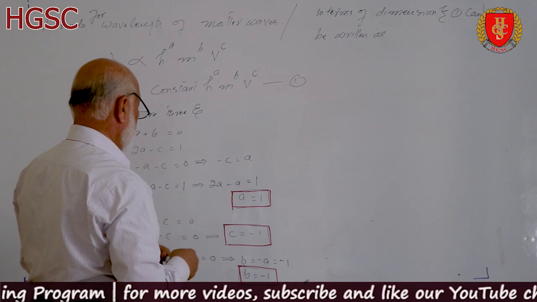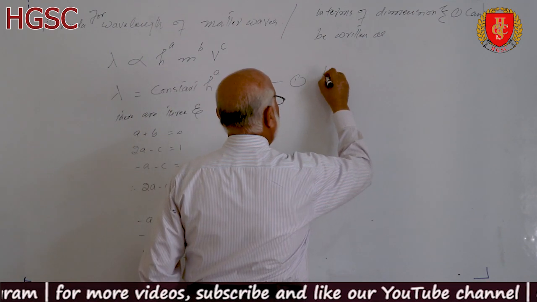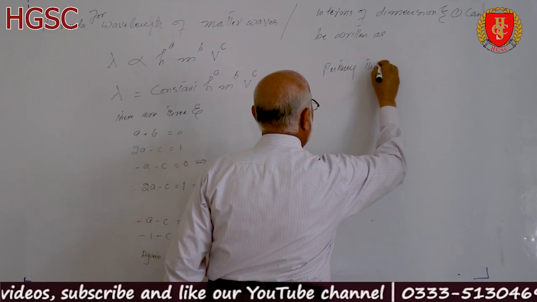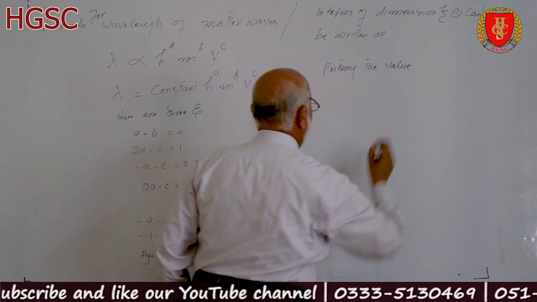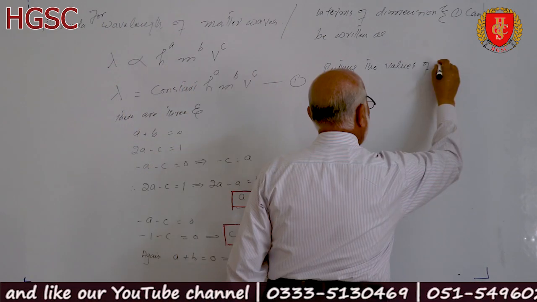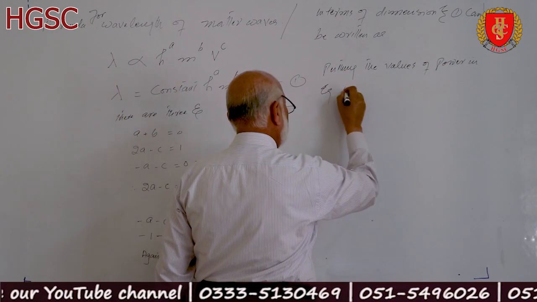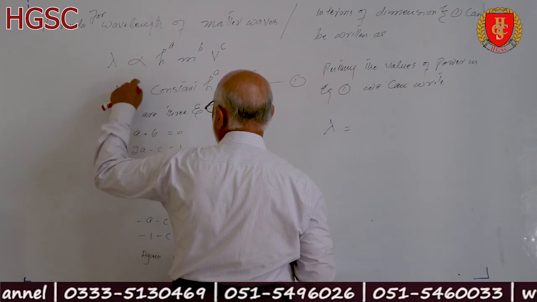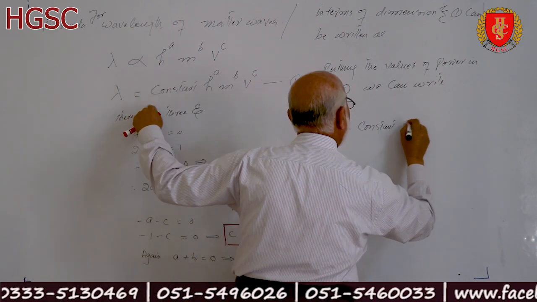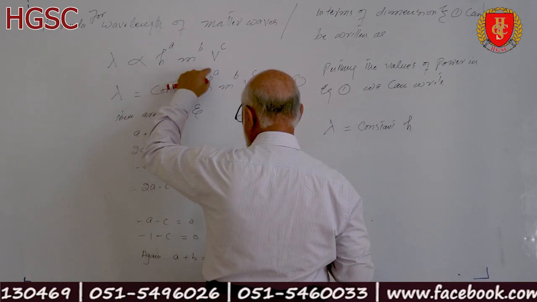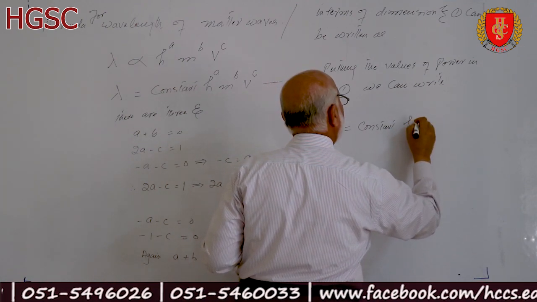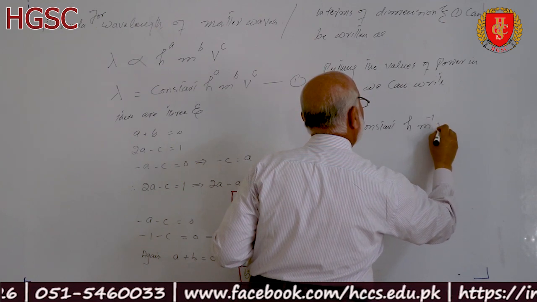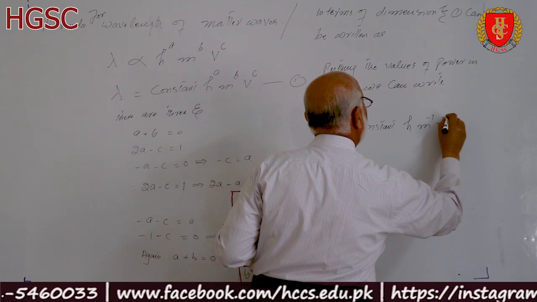So putting the values of power in equation 1, we can write lambda is equal to constant h power a having numerical value 1, and m has power b, which is minus 1, and v has power c, which is again minus 1.